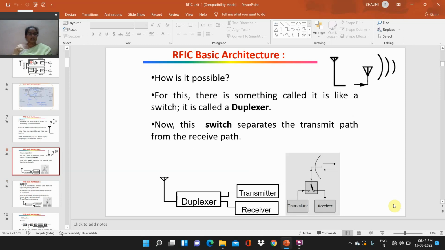See the figure: the antenna is connected to the duplexer. The duplexer isolates the transmitter section and the receiver section. When we are transmitting the signal, the transmission path is open, and when we are receiving the signal, the receiver path is open.